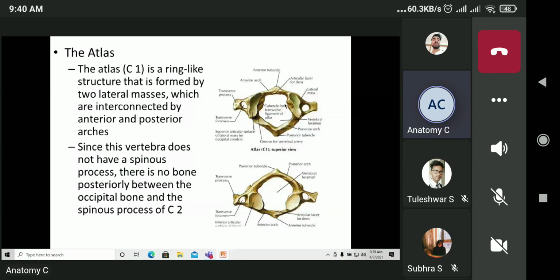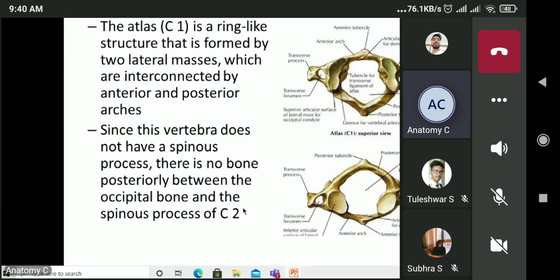So there is no bone posteriorly between the occipital bone and the spinous process of C2. Please look here, there is no bone. This is the posterior tubercle, this is the anterior tubercle, this is the anterior arch, this is the posterior arch, and these are the lateral masses.